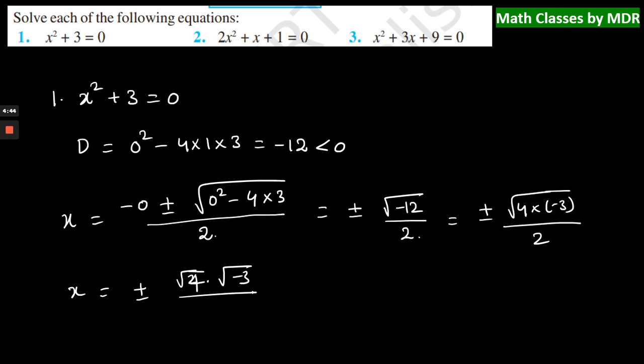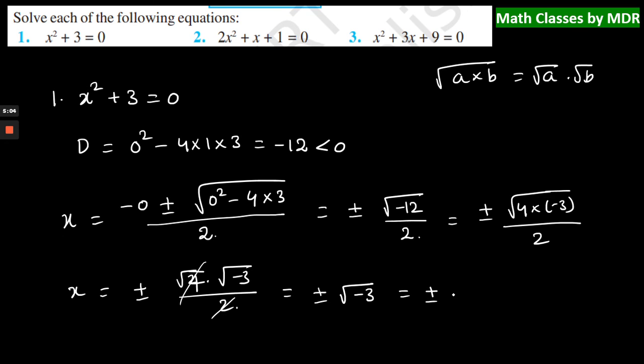Using the property that root of a into b can be written as root a into root b, this is root 4 into root minus 3, by 2. And root 4 is 2, so the 2 gets cancelled, and we will have plus or minus root minus 3. This can be written as plus or minus root 3 i.